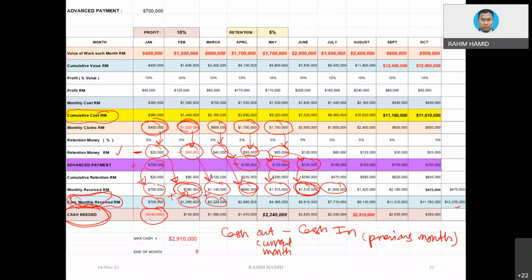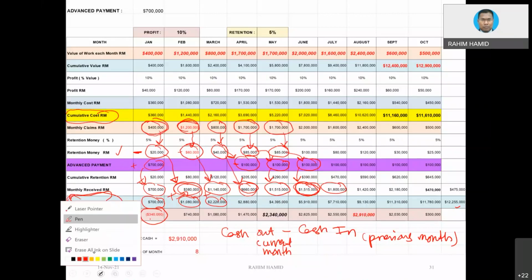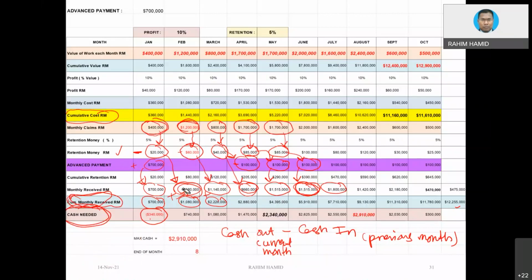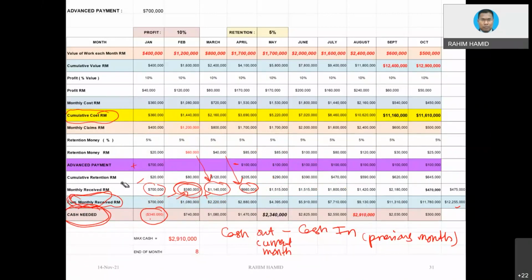Minus cash in is basically this row, the second last row. Perhaps we can erase some of this, just not to get confused. We are going to focus on these two rows only.